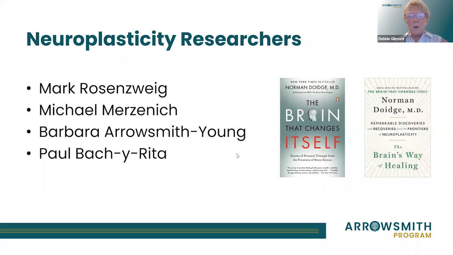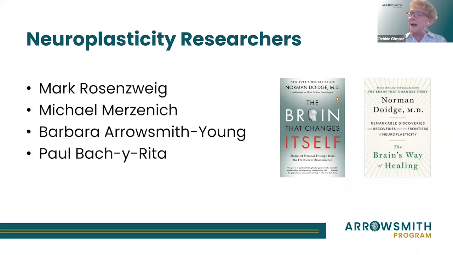And also, Norman Doidge really, in that book, The Brain That Changes Itself, brought neuroplasticity, what I call, to the masses, to people like me, learning more about neuroplasticity. And there is also a link there that Tara has on Norman speaking about the brain and neuroplasticity.